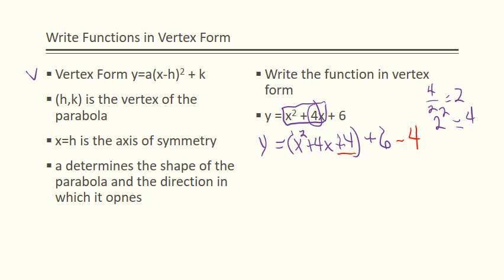To get this in vertex form, I'm going to have y equals, well, this is a perfect square, (x plus 2) squared, we know that from completing the square, and then positive 6 less 4 gives me plus 2.